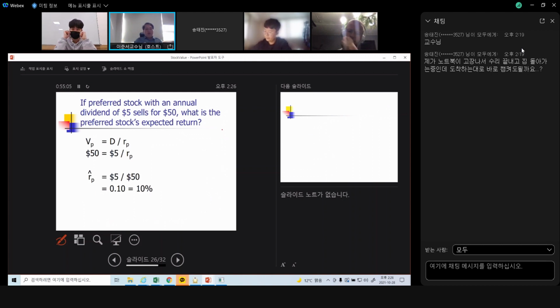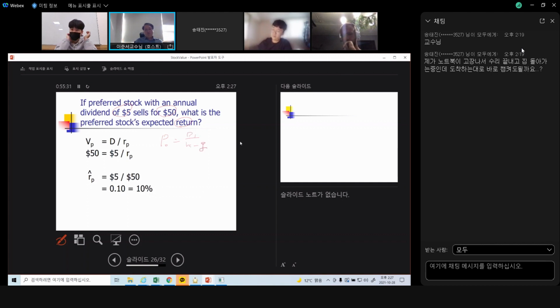If preferred stock with an annual dividend of $5 sells for $50, what is the preferred stock's expected return? Okay, so we already figured out the preferred stock value. If we use the dividend discount model, P0 equals D1 divided by (RS minus G).